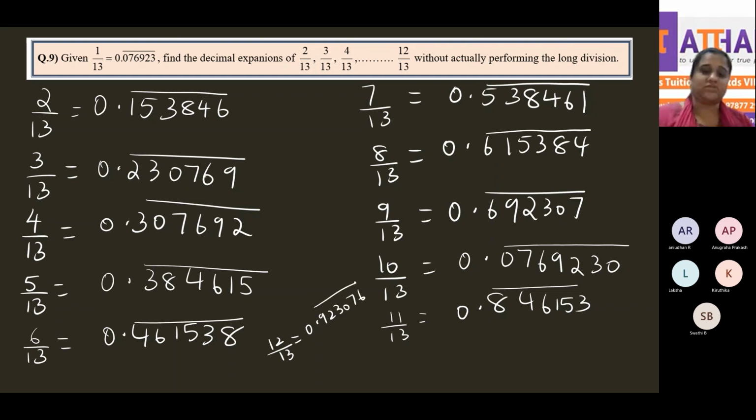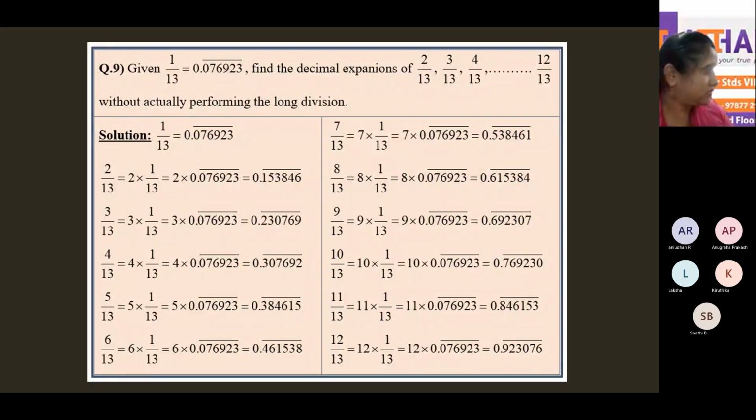So you can see the answers here. I'll share this slide on WhatsApp, children. You can check your answers.